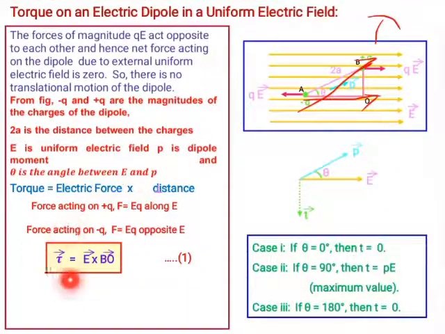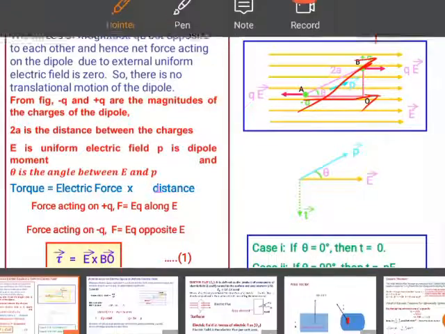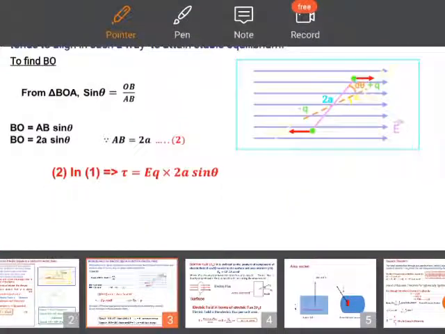Tau is equal to electric force into perpendicular distance. Substituting, tau is equal to EQ, the electric force, into the perpendicular distance OB or BO, that is 2A sin theta.